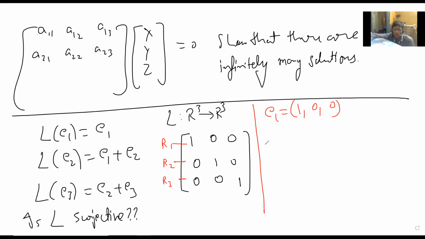Which second row? This vector. Transform it to E1 plus E2. But then that's a column operation. Are you doing a column operation? I don't understand. Can anybody else try to explain what he's saying? I didn't understand.